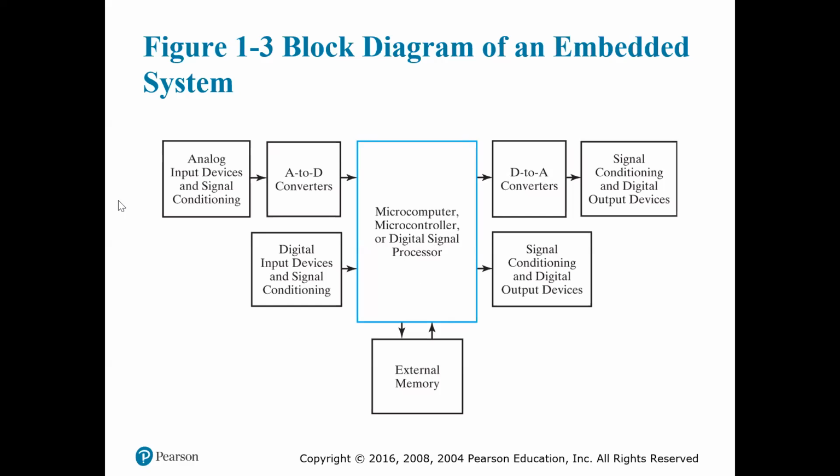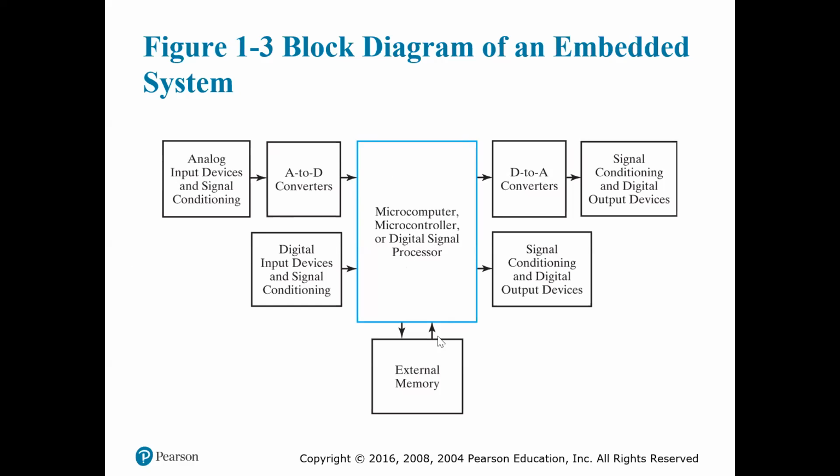And an embedded system has input, which could be analog or digital. However, the microprocessor or microcontroller can only receive digital. So if there is analog input, it would have to go through an analog to digital converter.